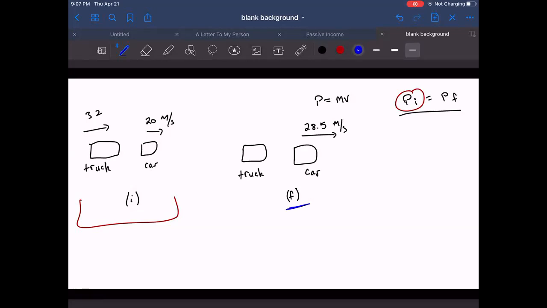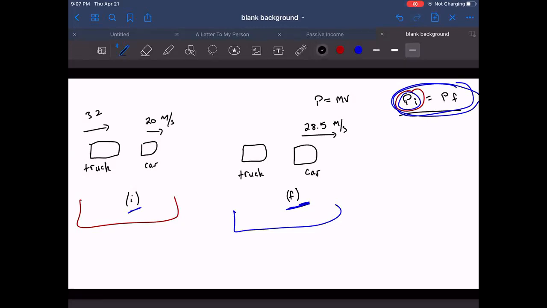Take note of the final situation. Initially, again, the system is this whole thing. That's what I wanted to say earlier. When it's conservation of momentum, it's not that the momentum of the car is conserved, no, wrong. The momentum of the truck or whatever, no, the momentum of the system. What is the system? It's the total momentum. That's the most important point here.